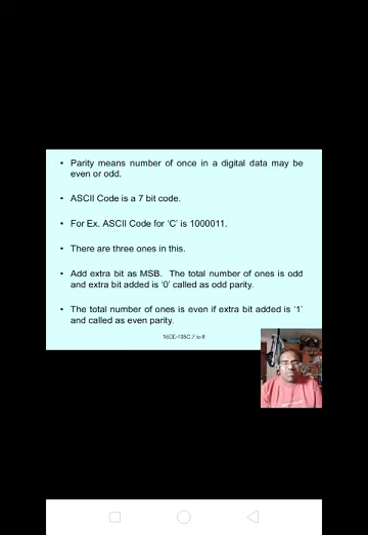ASCII code is a 7-bit code. ASCII code for C is 1000011. There are 3 ones in this. Add an extra bit as MSB. If the total number of ones is odd and the extra bit added is 0, it is called odd parity.